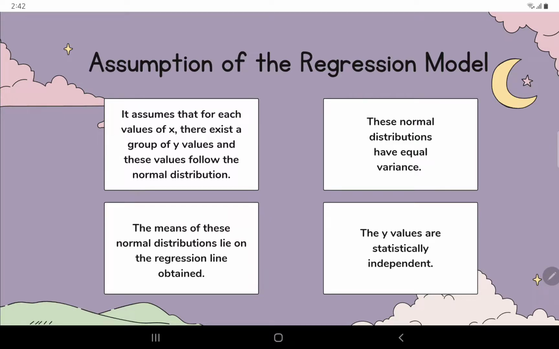Okay, the normal distributions have equal variance. Okay. The mean of the normal distributions lie on the regression line obtained. Okay, so regression line tu, the mean adalah terletak di atas regression line. Okay, and the Y values are independent. Okay, independent value.